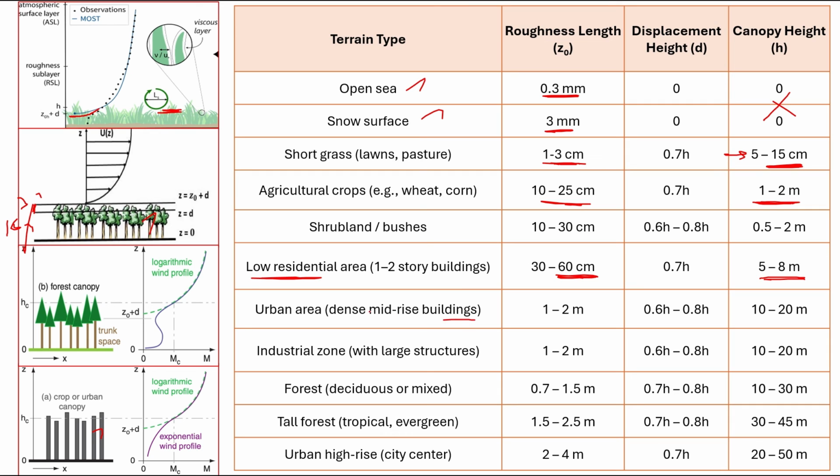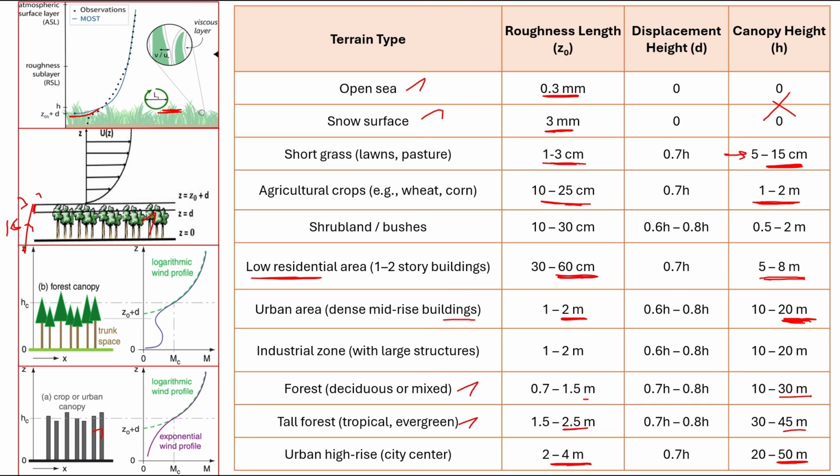Then mid-rise buildings in urban or industrial areas: the urban canopy height is up to 20 meters and Z0 is 2 meters. Then forests, in the tropical region, high forest may be from 30 to 45 meters, and Z0 is from 1.5 to 2.5 meters. For high-rise buildings like a city center, the overall canopy may be up to 50 meters, because there are very high buildings, and there the Z0 will be a maximum of 4 meters.